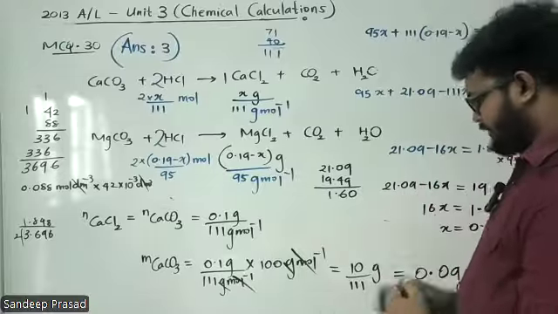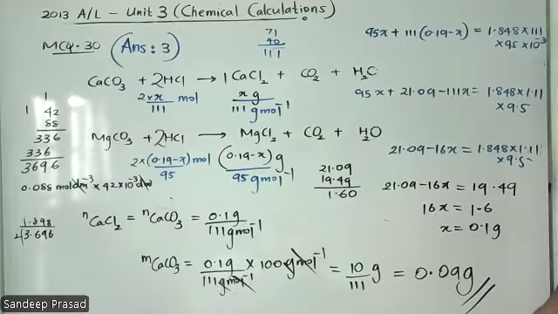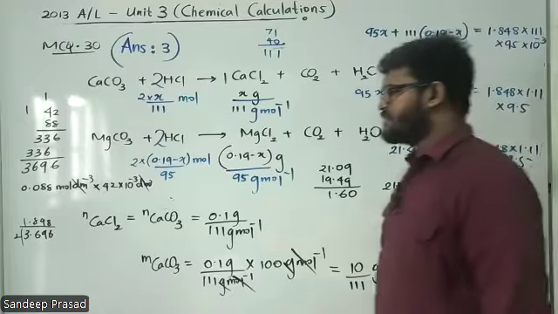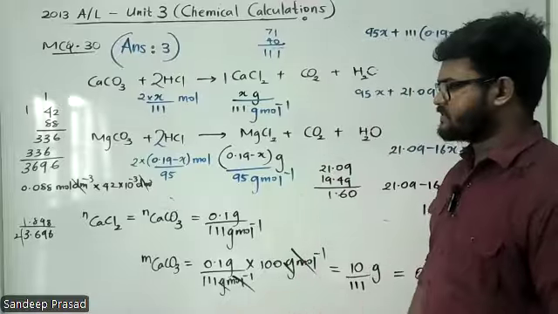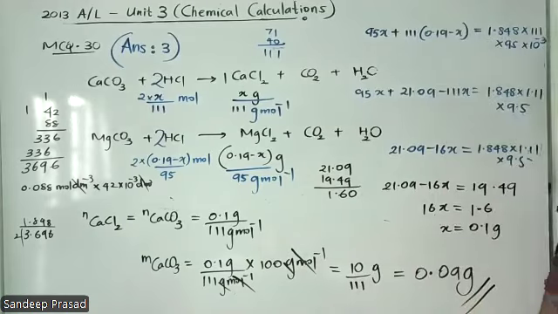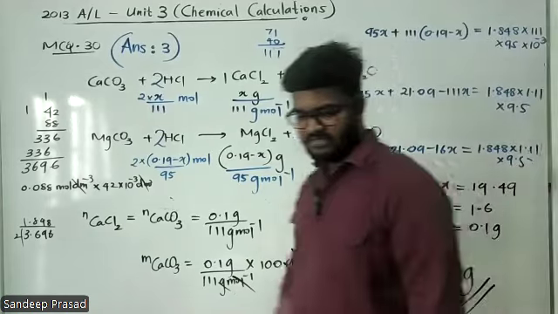So better you practice these kinds of calculations more. These are the chemical calculations. The chemistry part is okay, but dealing with the mathematical part, the simplifications, that is the issue. Sometimes we can't get the correct answer.